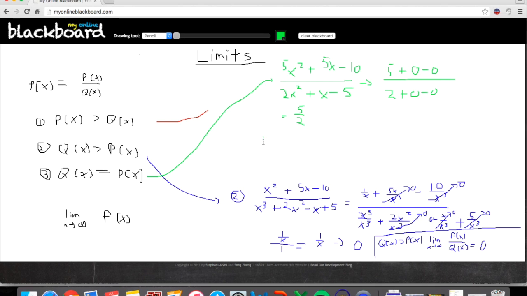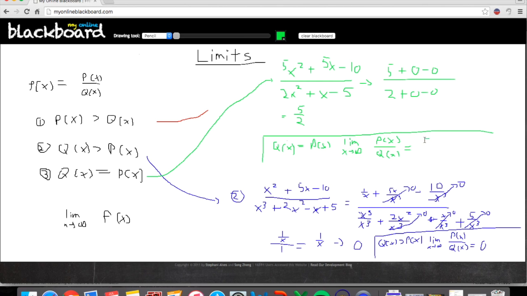But basically what this says is that when q of x is equal to p of x, or it should be p of x equal to q of x, but they mean the same thing, the limit as x approaches infinity of p of x over q of x is equal to a over b.